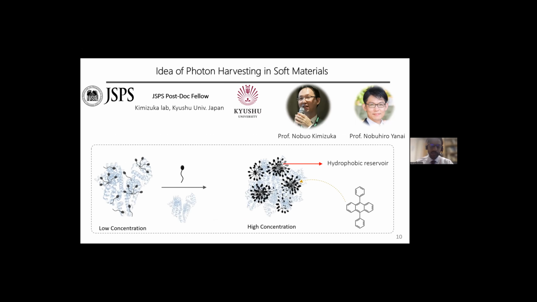In my PhD, I worked extensively on the surfactant-protein system. I knew from that that surfactant molecules form complexes upon interaction with the protein at a certain high concentration. So I thought, if I increase the concentration of both surfactant and protein, then I will be able to develop a condensed system where the surfactants form a hydrophobic reservoir inside the protein.